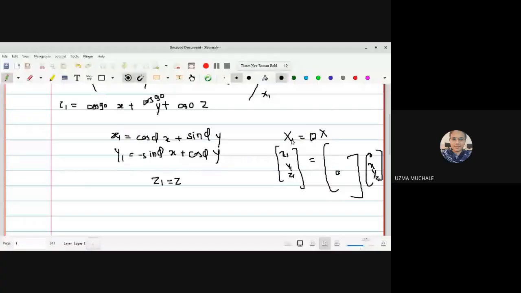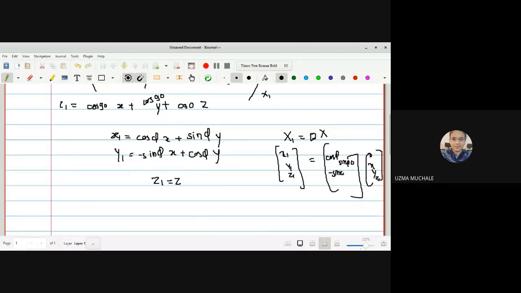Coefficient of x is cos phi, then sin phi, next is 0, next minus sin phi, cos phi, 0, and next 0, 0, 1. So this is a matrix of transformation from x to x1. The first one we have obtained.